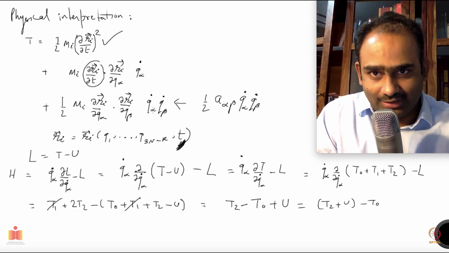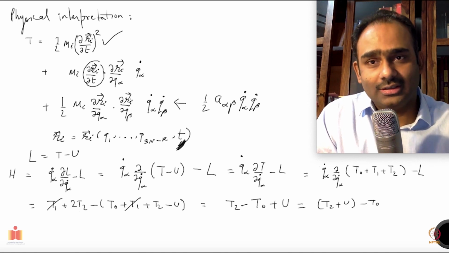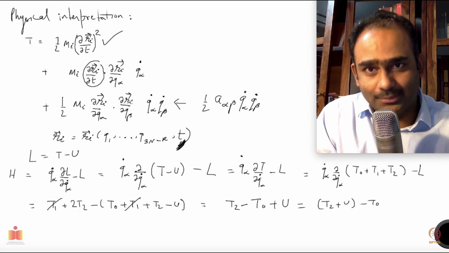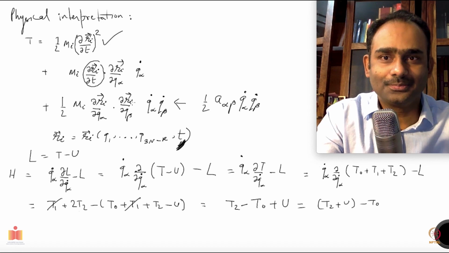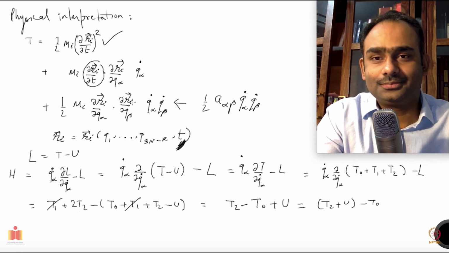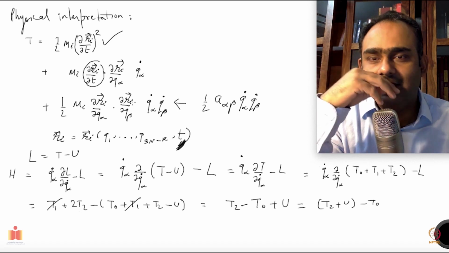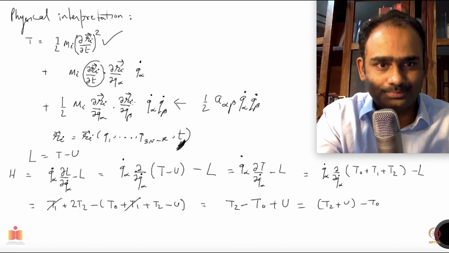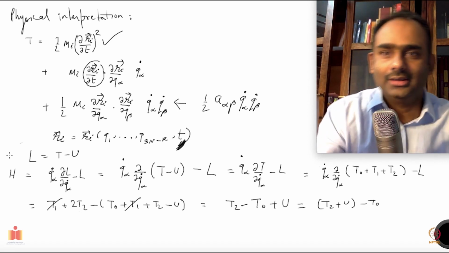This term will survive because there are no partial derivatives with respect to time. So in that case, your T will be homogeneous of degree 2.